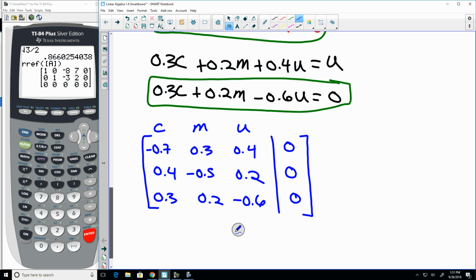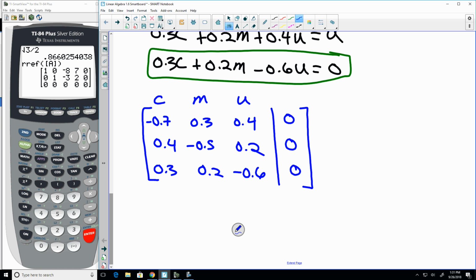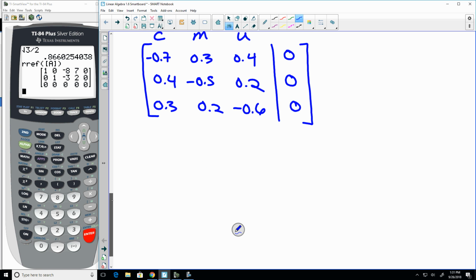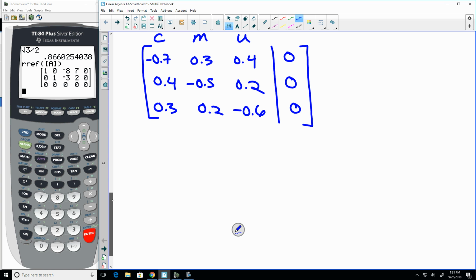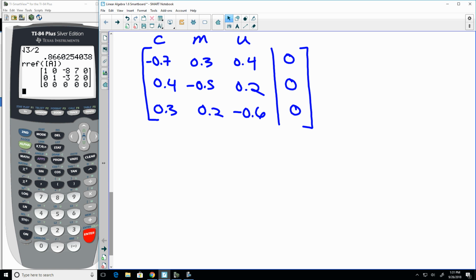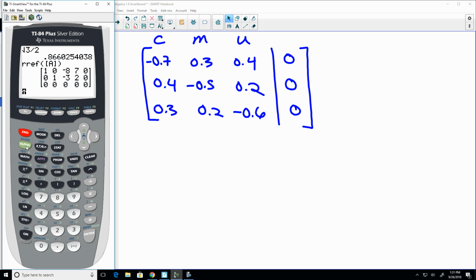There we go. I don't expect you to do this by hand. I want you to use technology, but you've got to do a lot of stuff to get it to this point, right? So that's what I'm looking for. Do you understand the setup?